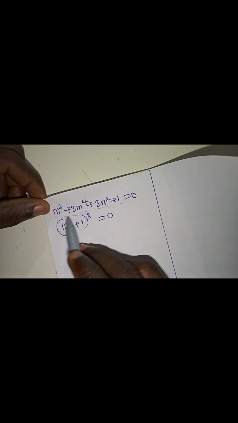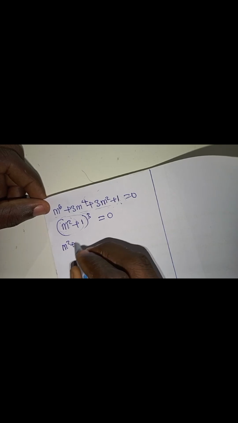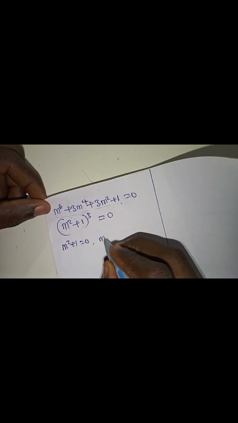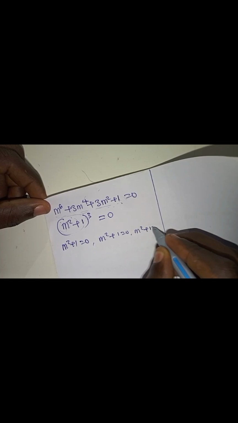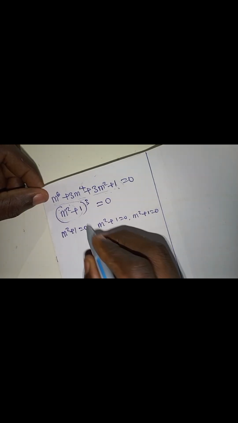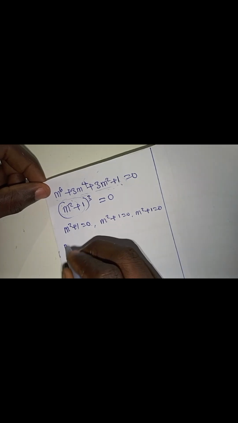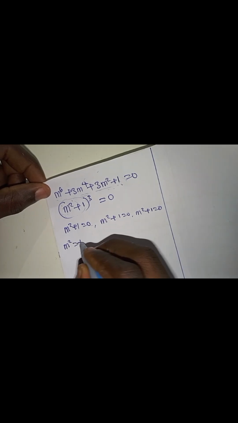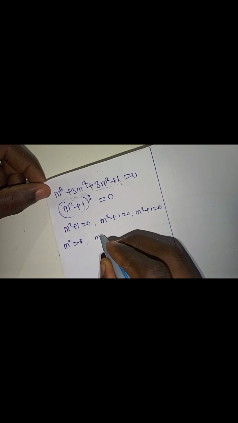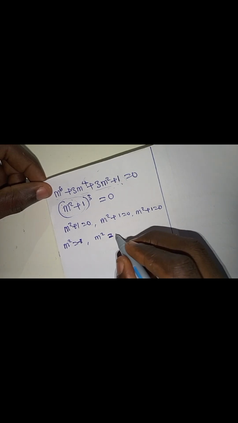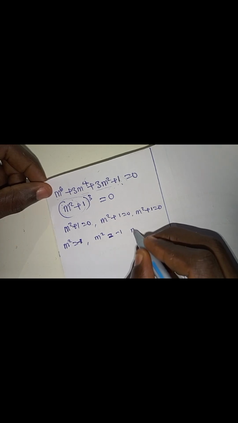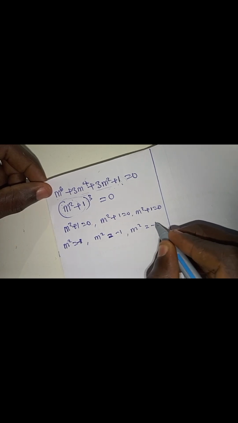Since this is to the power 3, it means this factor is appearing 3 times: m squared plus 1 equal to 0, three times. So I move the 1 over, and I have m squared equal to minus 1, m squared equal to minus 1, and m squared equal to minus 1.